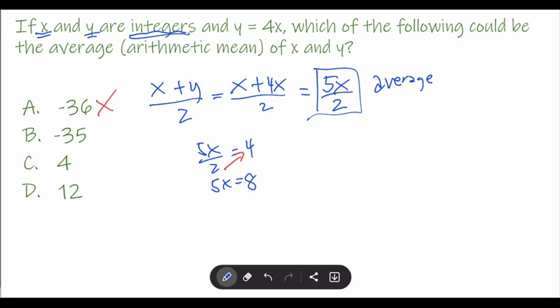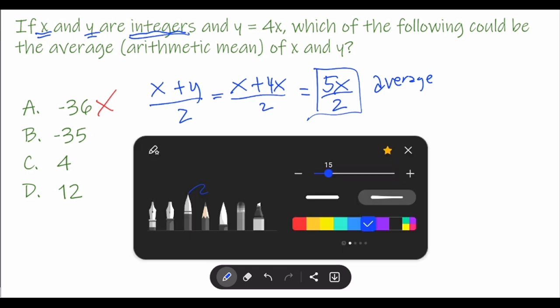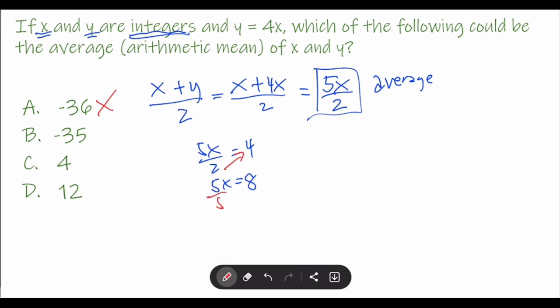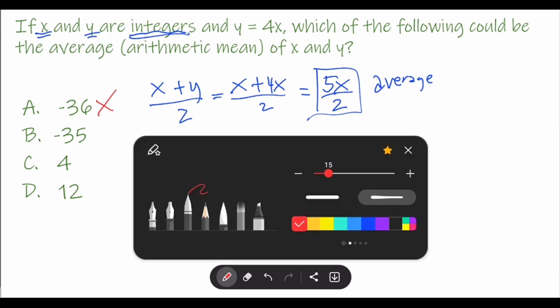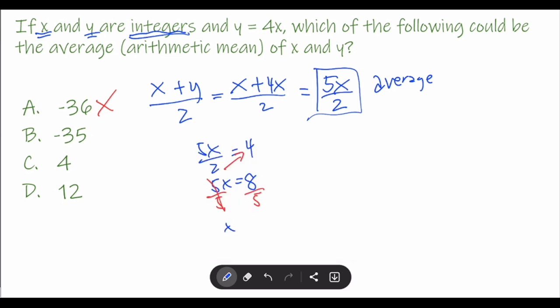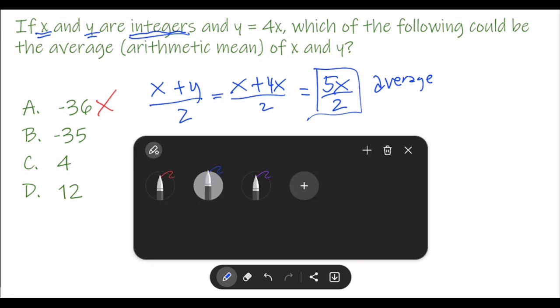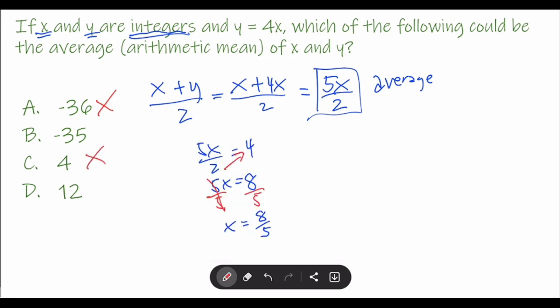Then we divide both sides by 5 so that only x is left. So x equals 8 over 5, and 8 divided by 5 can't be divided, so it remains a fraction. Again, x and y are integers, so x cannot be a fraction. So C cannot be the answer.